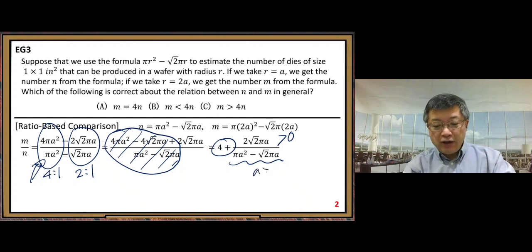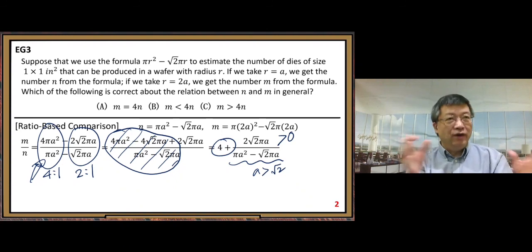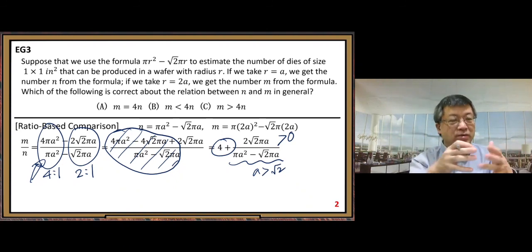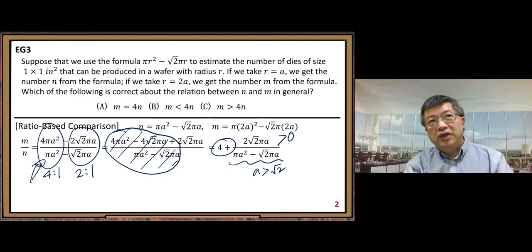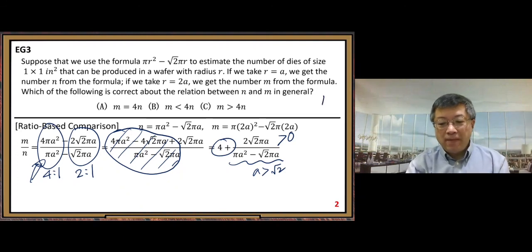When a is greater than √2, no problem. For a wafer, we know a should be much larger than the die size. Die size is 1. So a greater than √2, that's no problem.